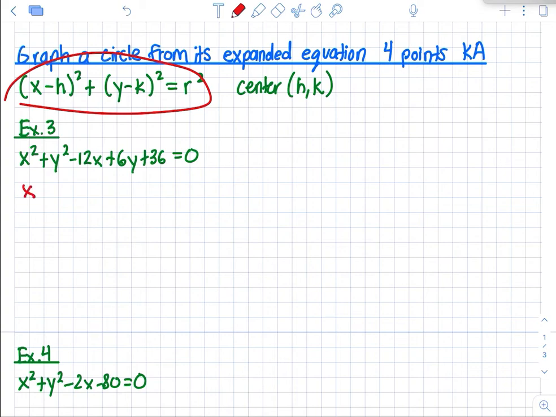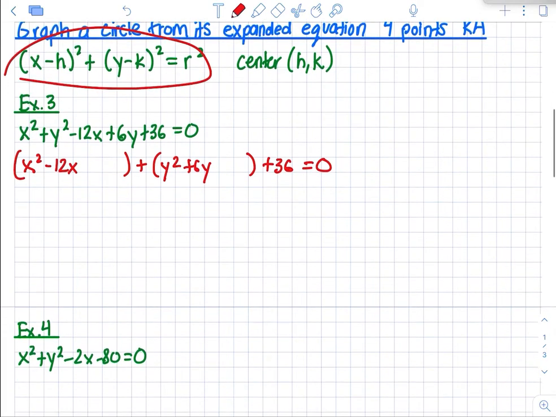So x squared minus 12x, put this in parentheses, plus y squared, and then we have a variable right there, plus 6y, and then plus 36 is equal to 0. Let's complete the square for the x variable.